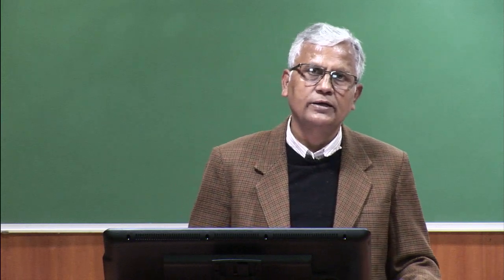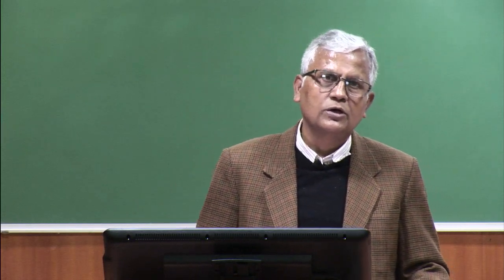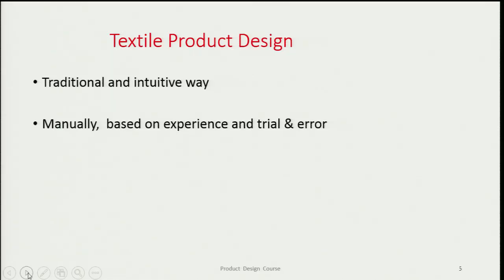So, people must have designed products that suit human needs. That was mostly in a very traditional and intuitive manner. This used to be done manually, based on experience and trial and error. That used to be the practice.